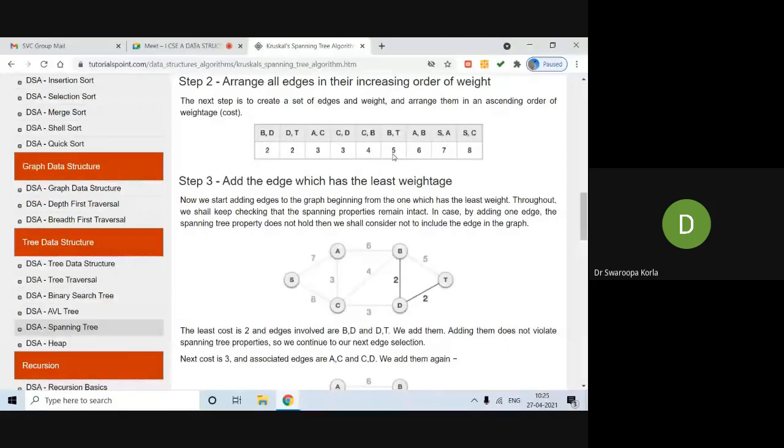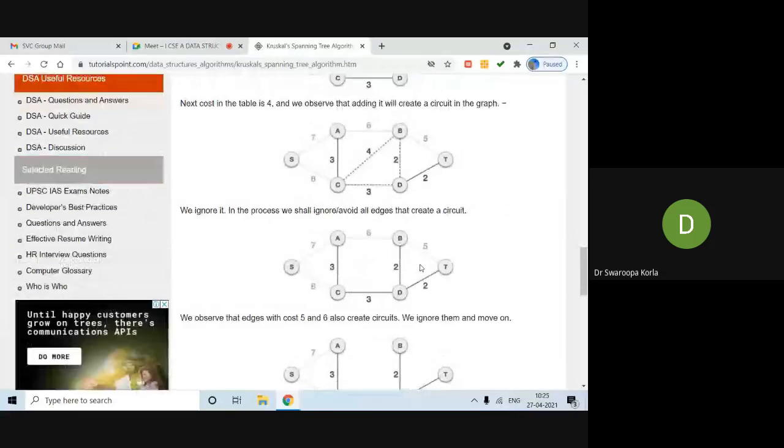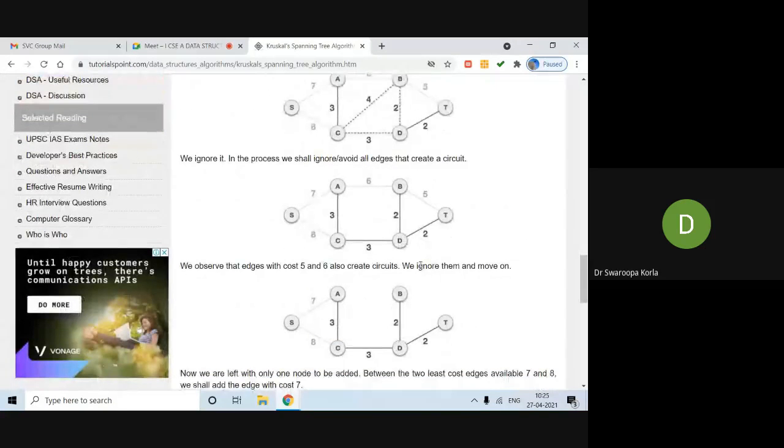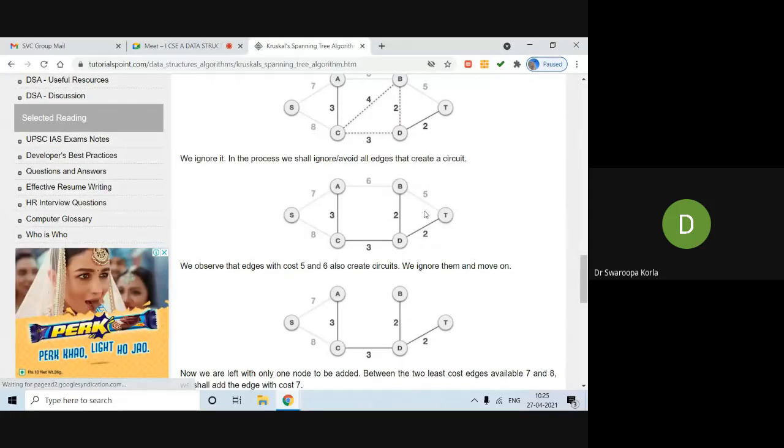What is the next entry in the step 2 table? B to T. So what is B to T here? See, check that B to T, if I add, it is forming the circuit again. So I should ignore this one, because it is forming a circuit. Loop area it is forming. Right?